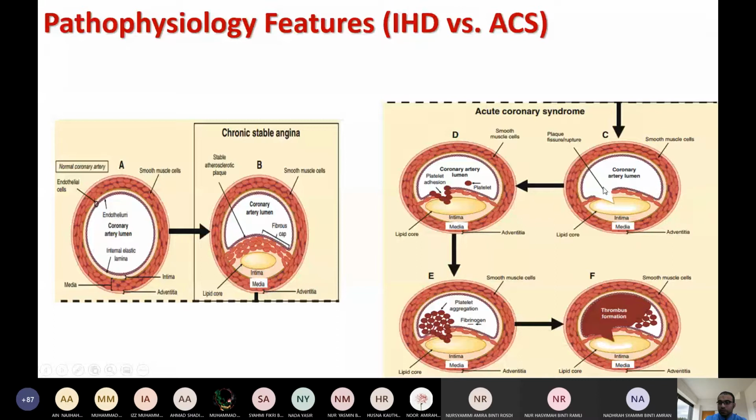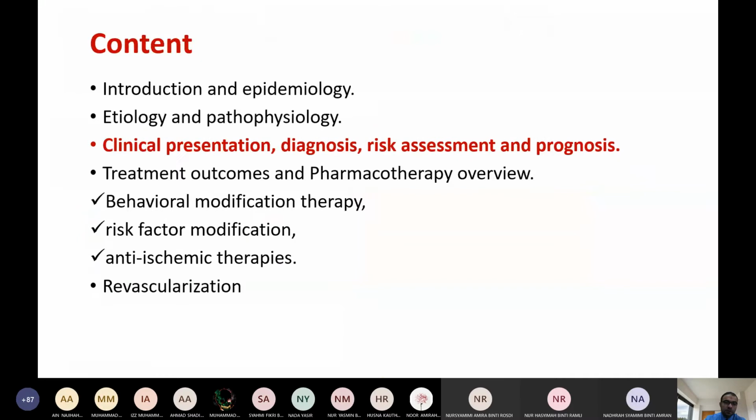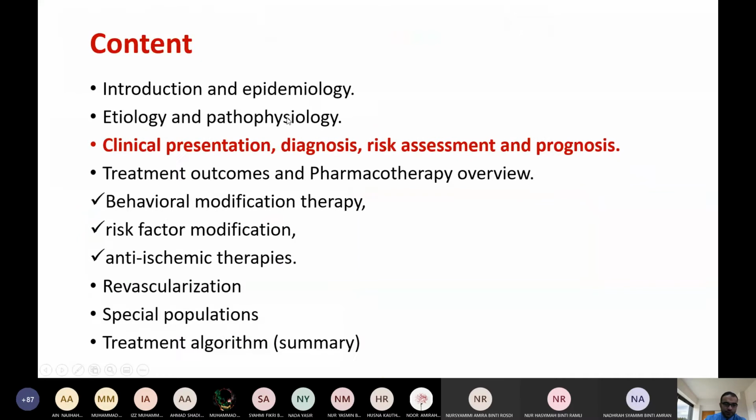The plaque will become ruptured, the platelets come, platelet aggregation starts to take place, and later there will be thrombus formation and complete blockage of the coronary artery in the acute cardiac attack. Okay, so this one I think is very important to understand between the two conditions.